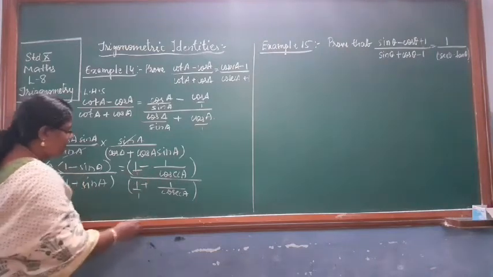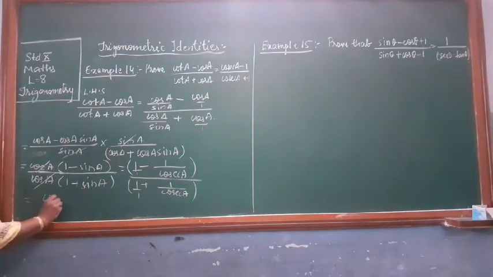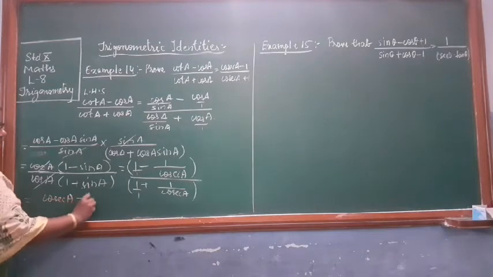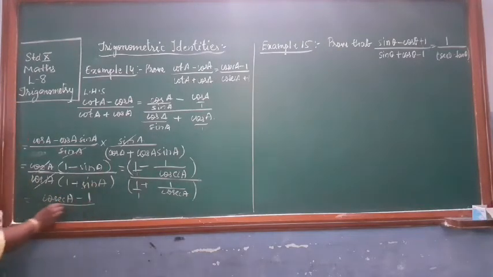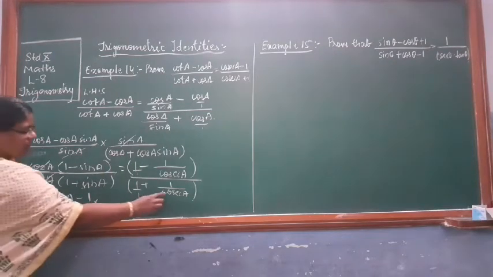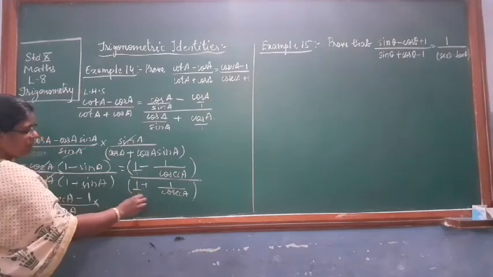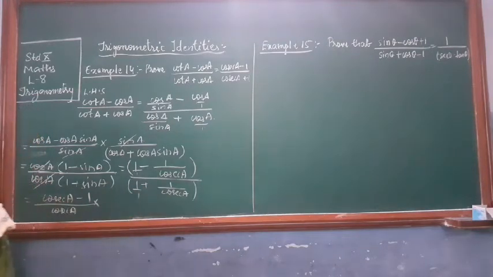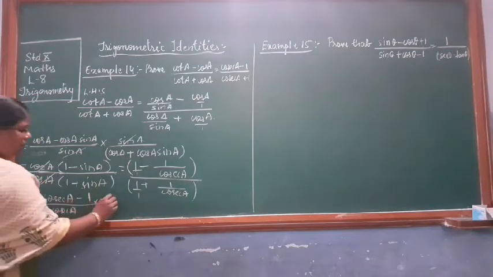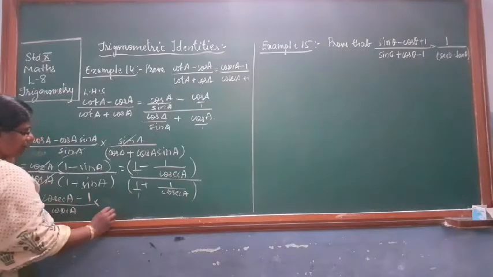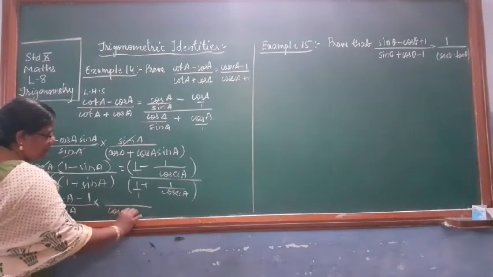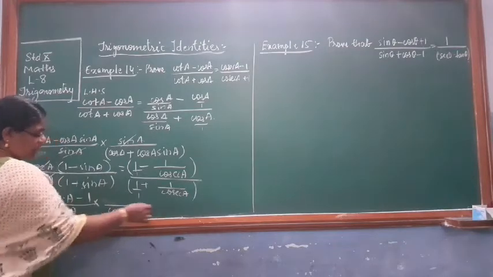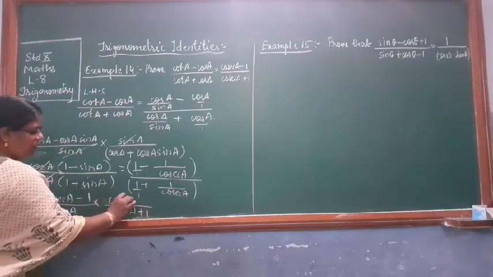If I take the LCM, I will get cosec A minus 1 upon cosec A, into this becomes, here I will multiply cosec A, upon cosec A plus 1 upon cosec A, that will go into the numerator part.